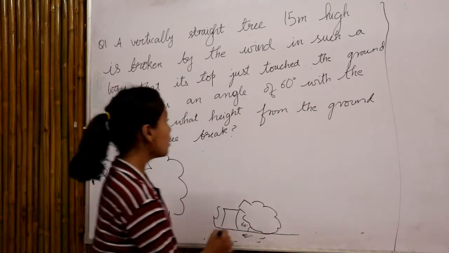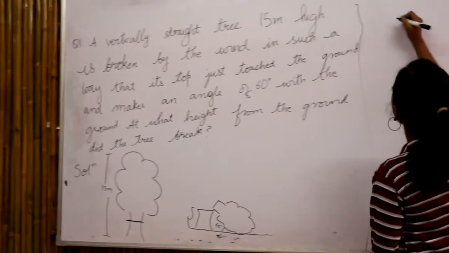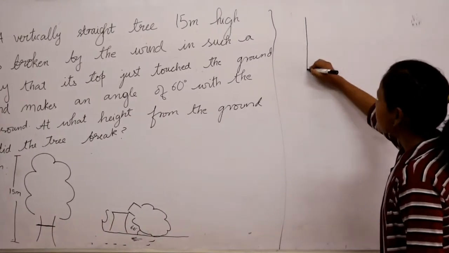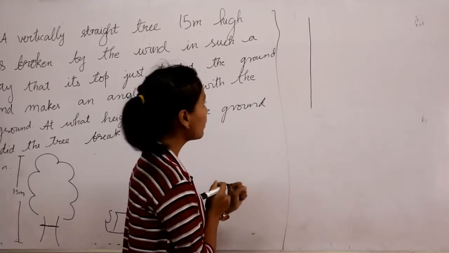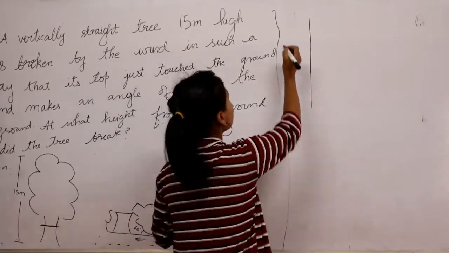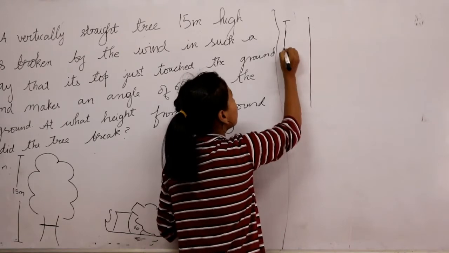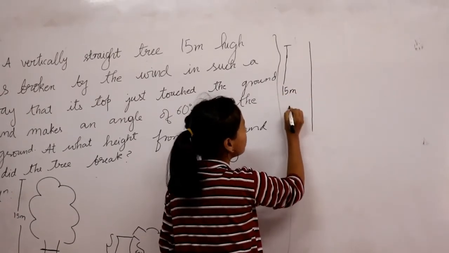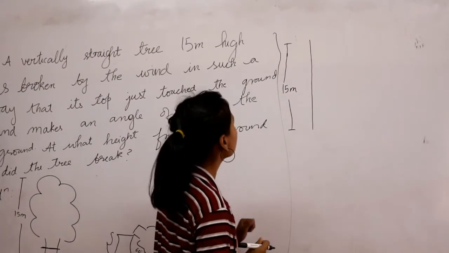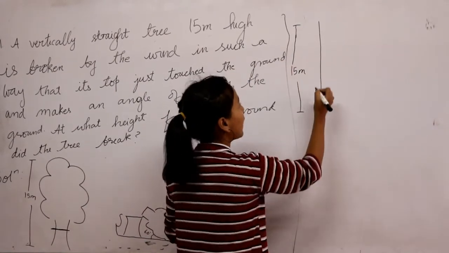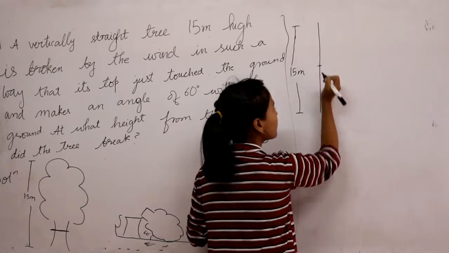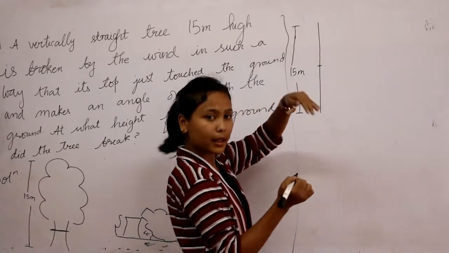Okay, let us draw a proper figure. Suppose this vertical line is a tree. This is 15 meters. When the wind comes, suppose this tree breaks at this point. So it will bend like this.